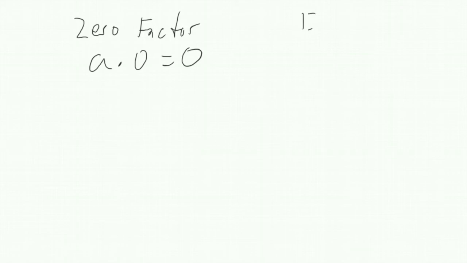And there's a lot of other rules that we already use a lot, right? The zero factor law, which just says anything times 0 is 0. So a times 0 is just 0. Then we have our inverse properties, where I have a plus a negative a equals 0. Basically, inverse means to cancel out here.